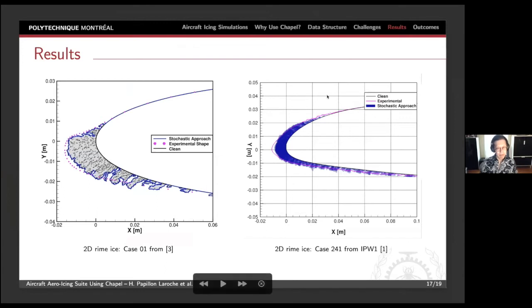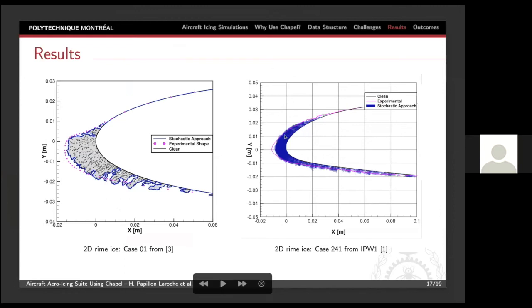I assume as part of your validation, since you have this stochastic method, you're doing lots of trials, and the results you show are mean values. Is there a lot of variability about those? Maybe I can share my slides. Please. Here on the left, my results are in fact 10 different results of the stochastic method that have been overlaid on top of each other.